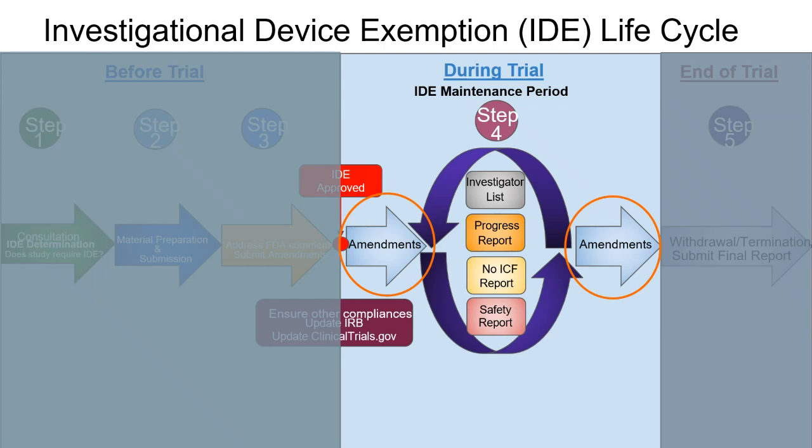The IRB update and the concurrent update of the clinicaltrials.gov records. These are to be accomplished in the post-IDE approval phase. In addition, on the FDA side, there are quite a few requirements for reporting and implementing changes, which must strictly follow certain stipulated schedules.